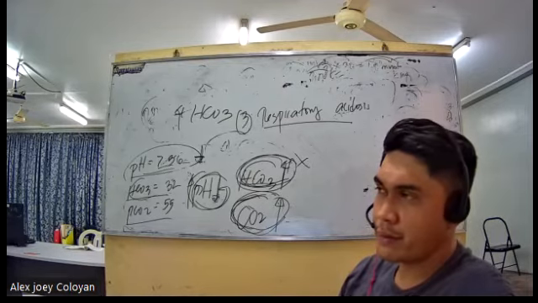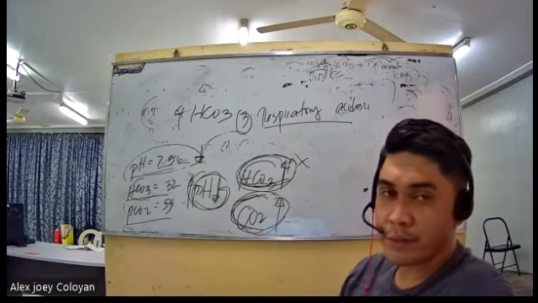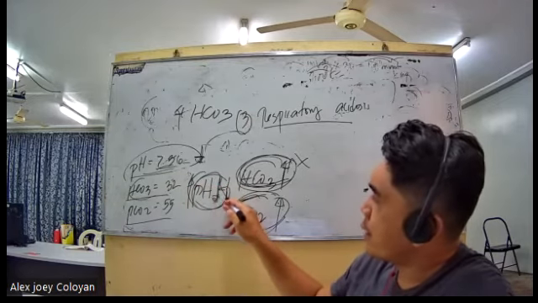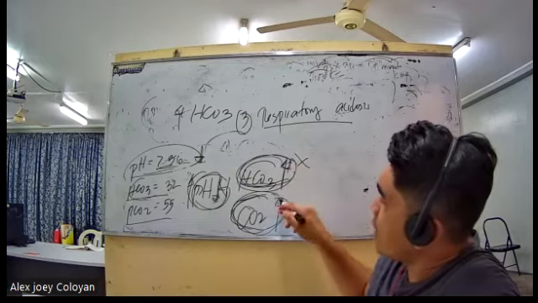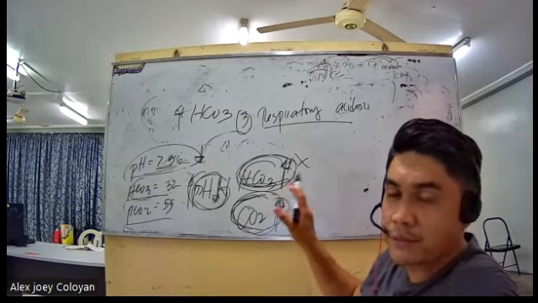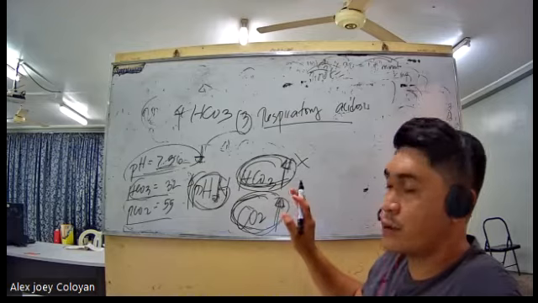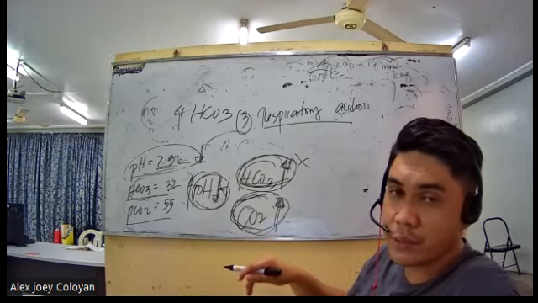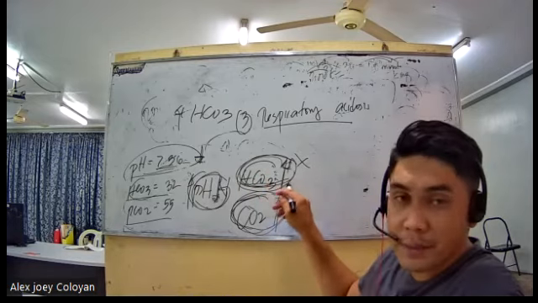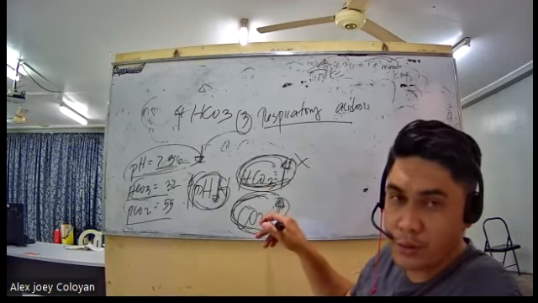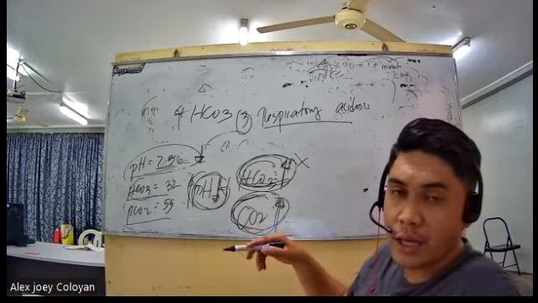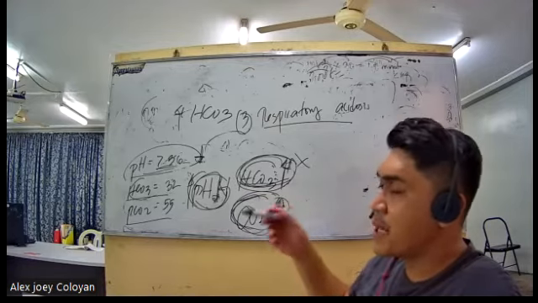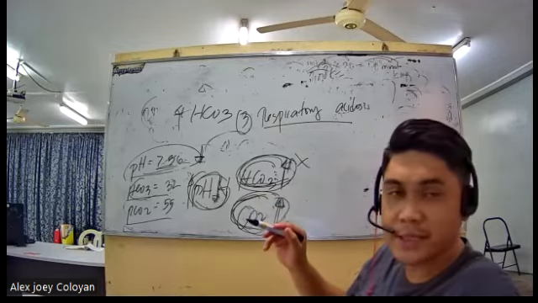Then you have abnormal bicarbonate and abnormal CO2. This is the pattern for fully compensated respiratory acidosis: normal pH, high bicarbonate, high PCO2.